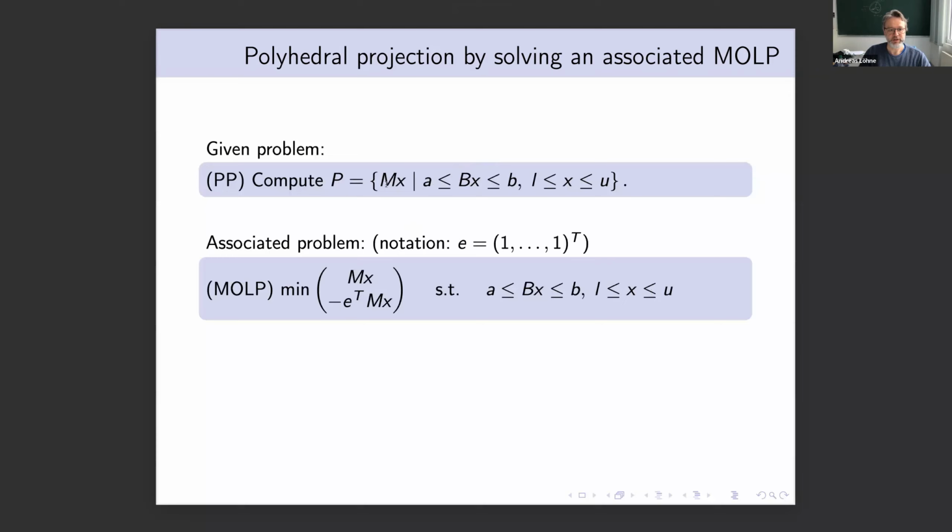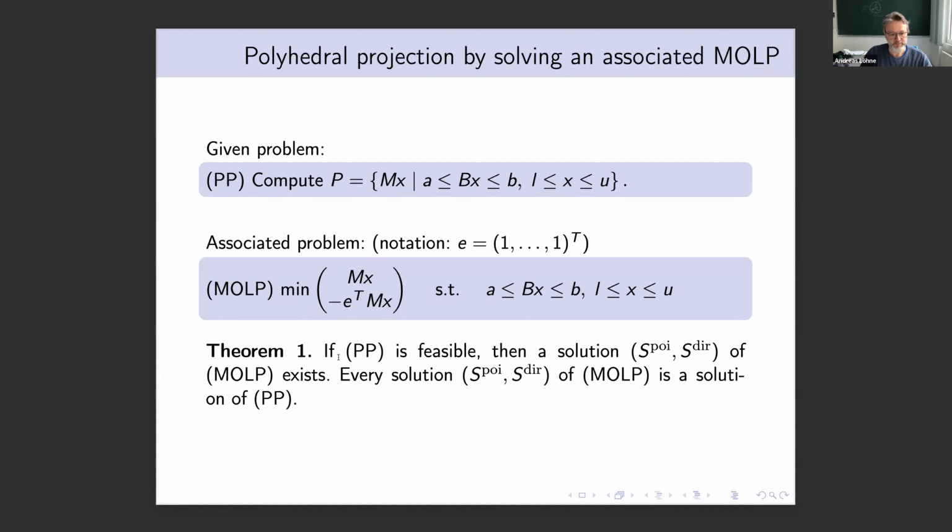So here we have this matrix M, and here we have MX as the objective map, and here's also MX, but there is one additional component, minus the all one vector transposed MX. So the idea is the sum over all components here is 0. That means all these points here belong to the hyperplane all one vector transposed x equals 0.